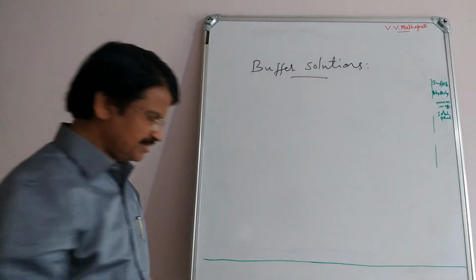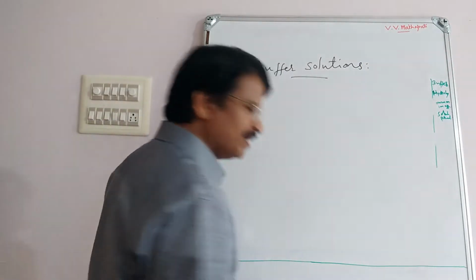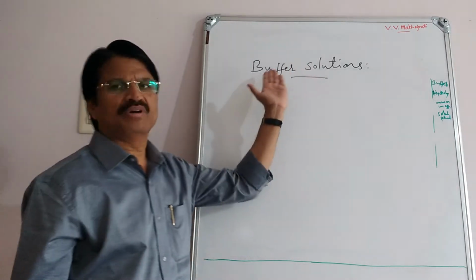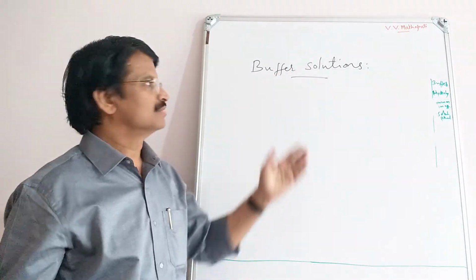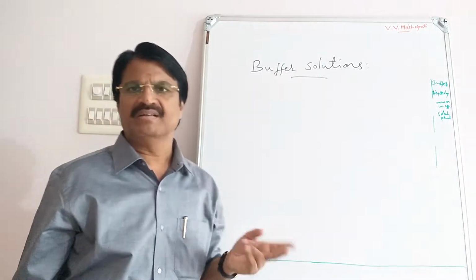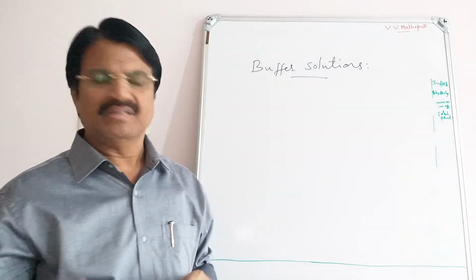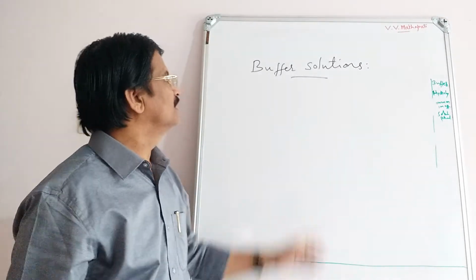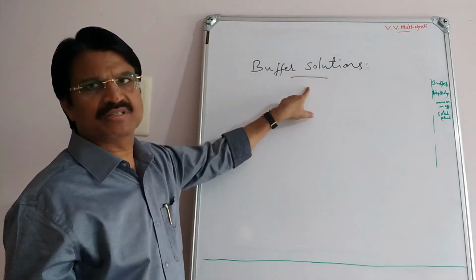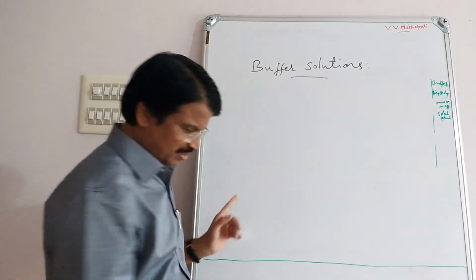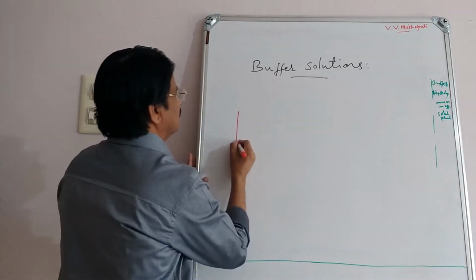Buffer solutions. A solution is one which contains two or more components in a homogeneous state. But see the difference between common solutions and a buffer solution. We take different solutions.